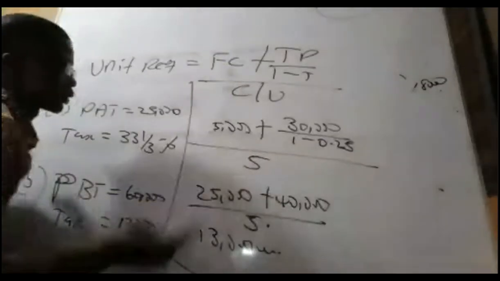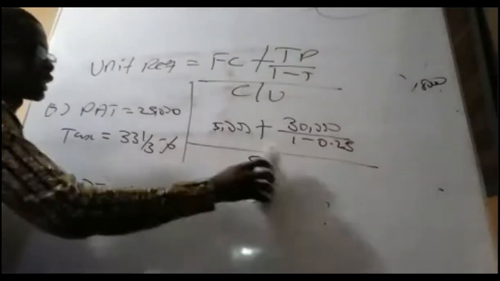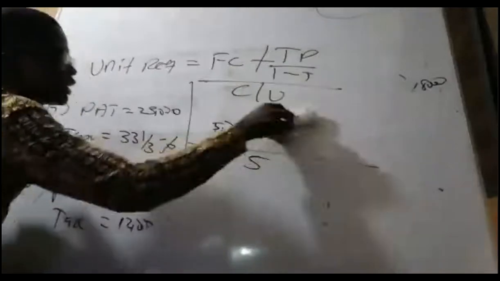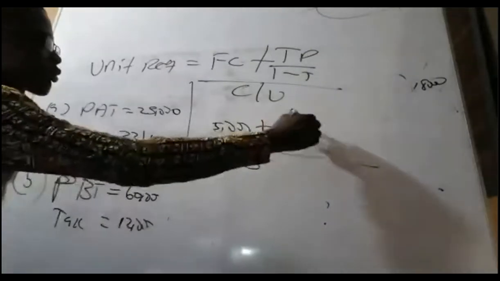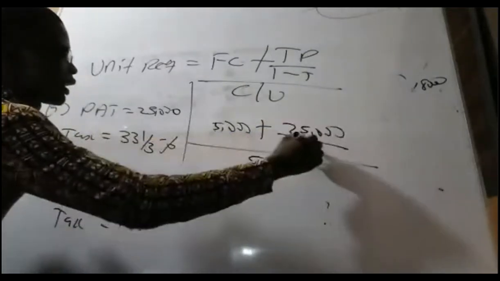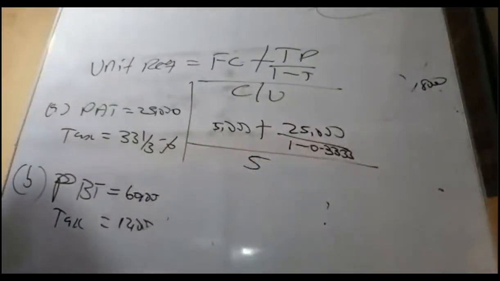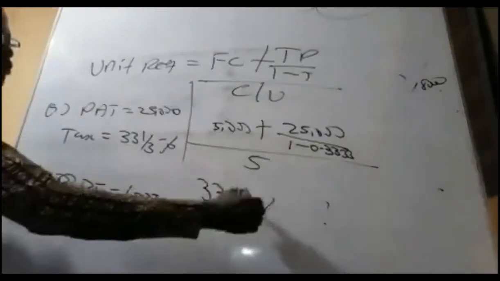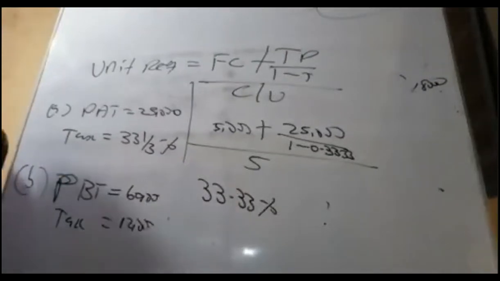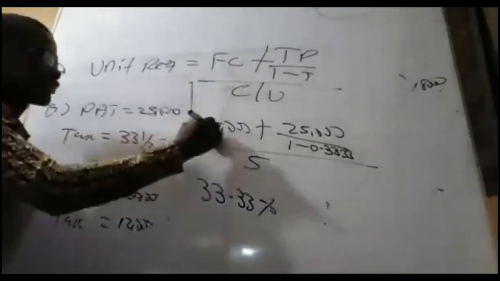So I'm solving A. I just have to claim this figure here and put in 25,000, all divided by 1 minus 0.33. Make the 3 a 4, because 33 1/3 simply means 33.33%. The fixed cost is 25,000.